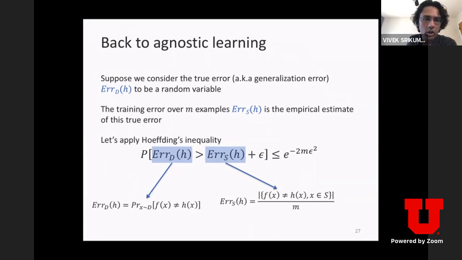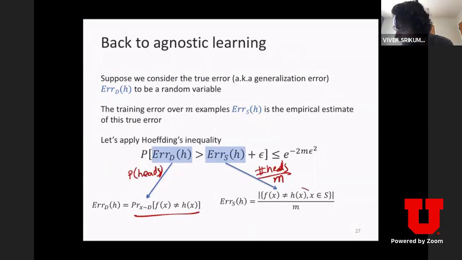Just to make sure that we are all on the same page: in the previous example, we had the probability of heads here, and the number of heads divided by m here. Here we have the probability of error, and here you have the number of errors divided by m. It's a very similar sort of setting.